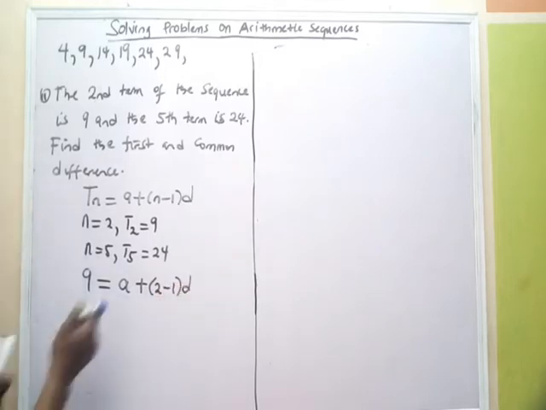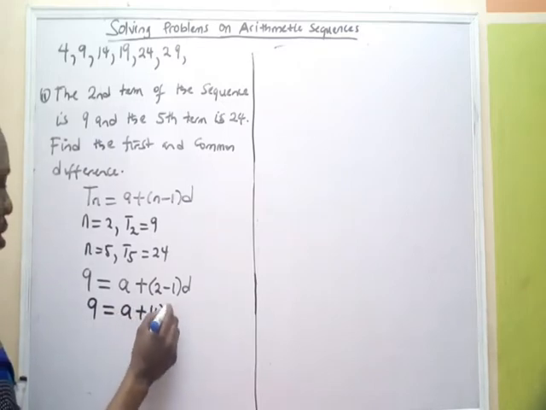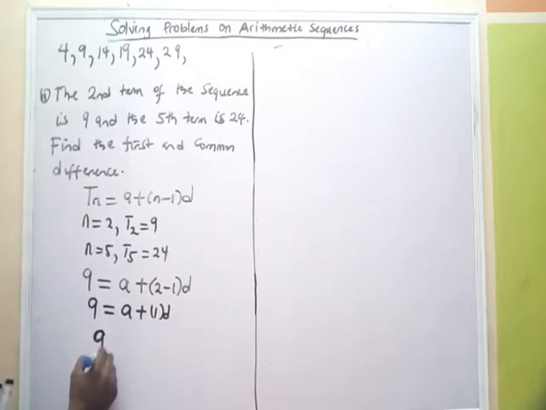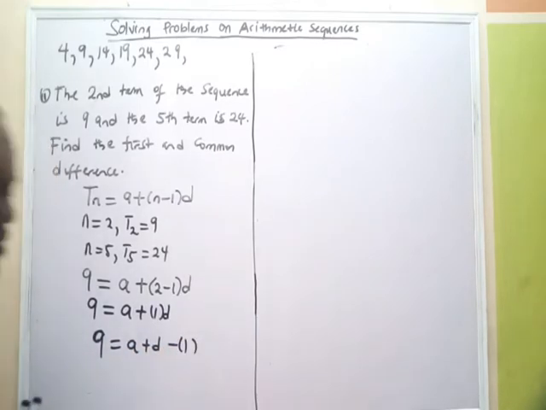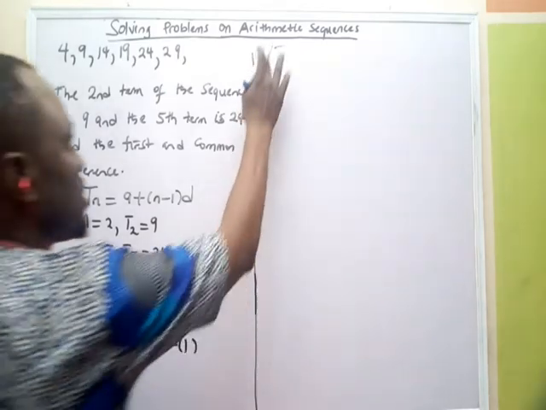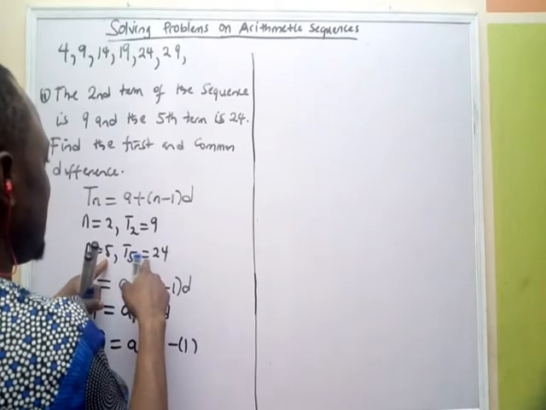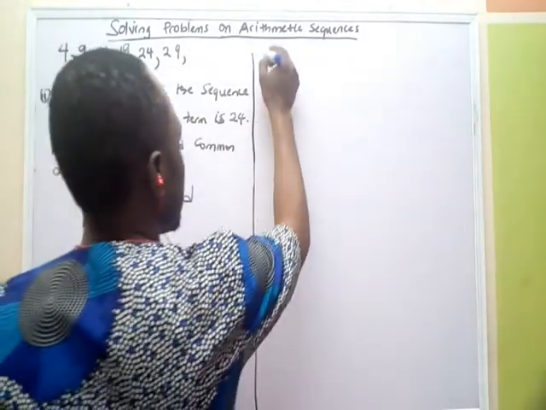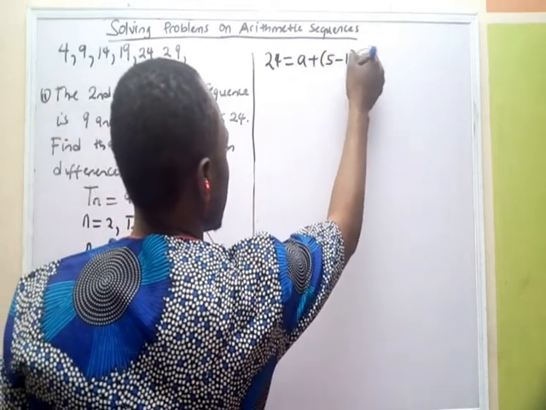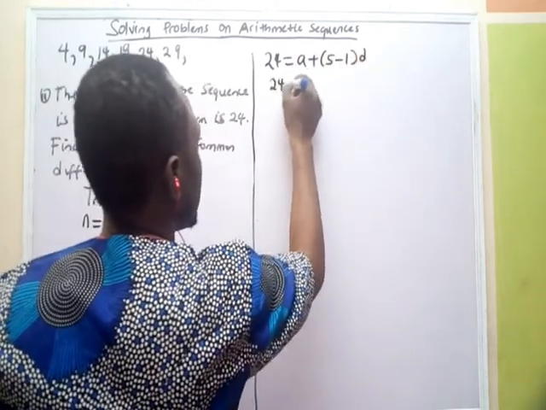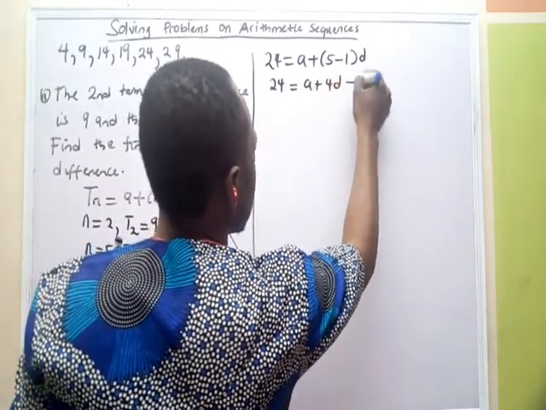So here I have 9 equals a plus 1d, so 9 equals a plus d. This is equation 1. I'm going to do the same thing using the formula. When n is 5, T5 is 24, so I'm going to plug in 24. So 24 equals a plus (5 minus 1)d. So 24 equals a plus 4d, equation 2.